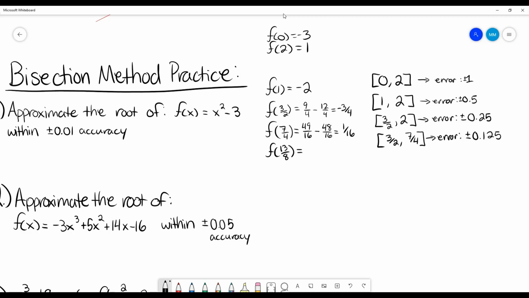So if I square that, because that's our function, I get 169/64 minus 3. 3 times 64 is, I think, 192/64. And that gets us a negative number. That's going to be negative 23/64. So we're going to replace this x value with the one we just plugged in, because that got us a new negative number.